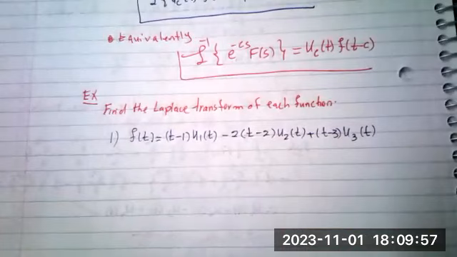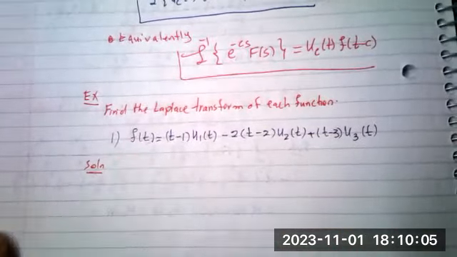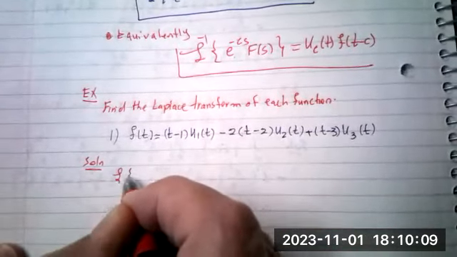Okay, you know that Laplace transform is linear, so you have to find the Laplace of each of these solutions. This is the way we operate. We take the Laplace transform of f of t.